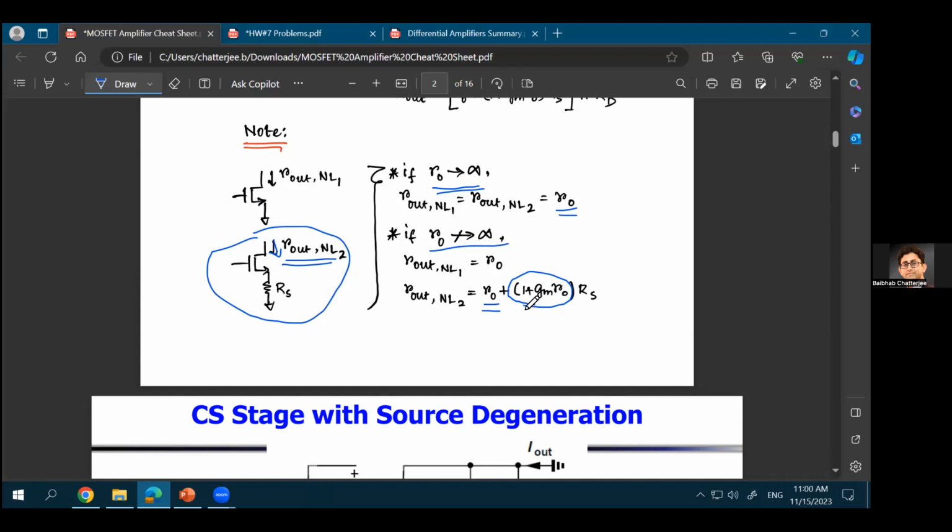Even without any external component connected, this is the gain you can expect from the transistor itself. So it's 1 plus GM RO times RS. It's as if the resistance connected at the source gets multiplied with the intrinsic gain plus 1. The plus 1 makes sure that mathematically we are correct. You can also approximate it as just GM RO times RS, and that would be the resistance that you see looking into the drain of the transistor.